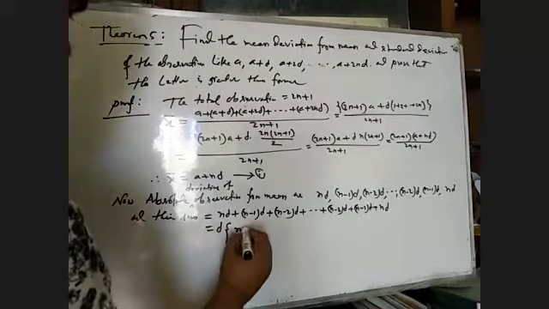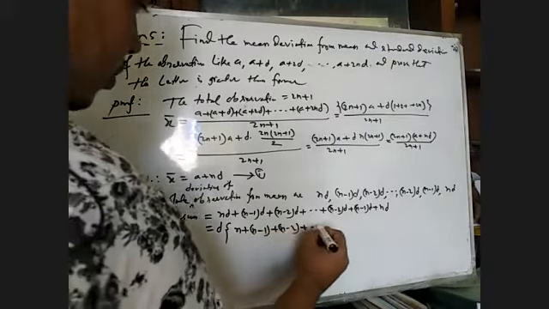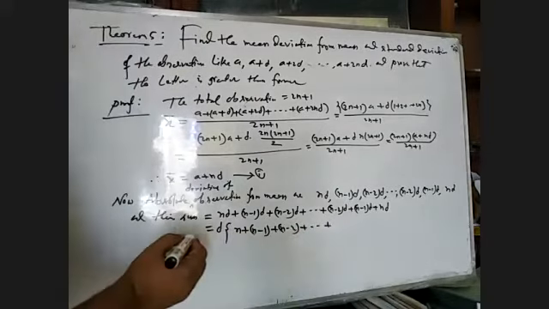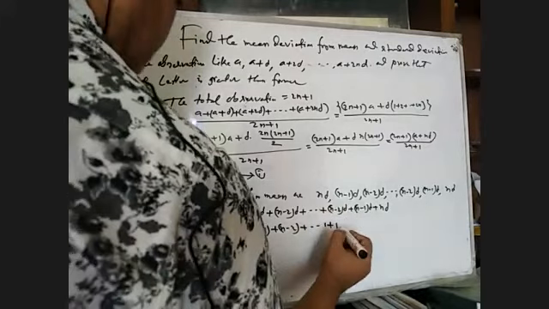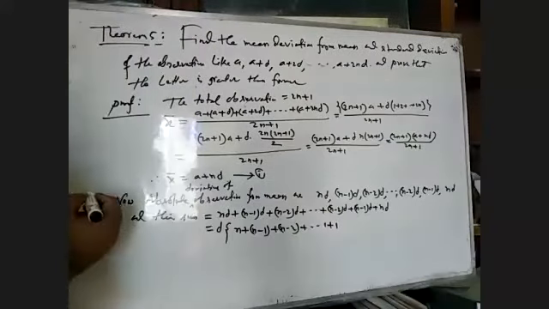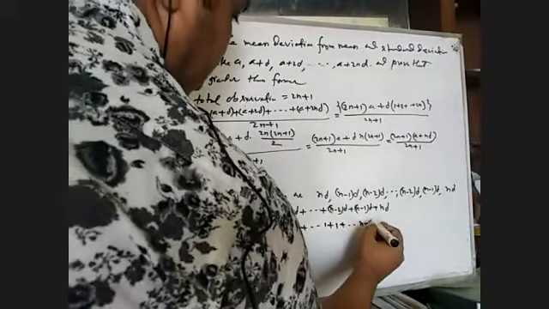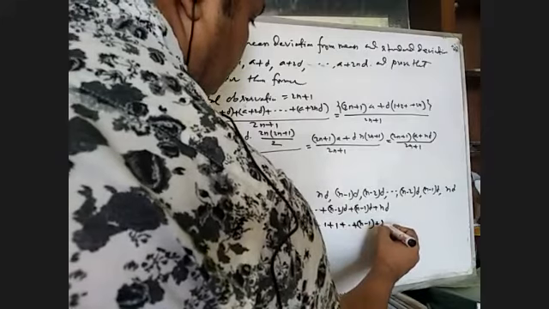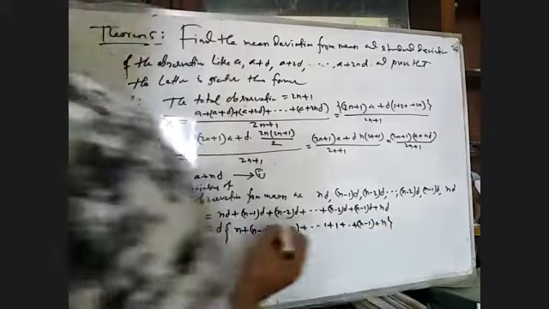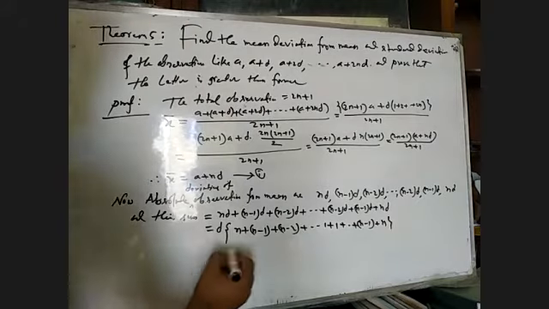n into n minus 1, n minus 2 plus dot dot plus 1 plus dot dot n minus 1, n. So how many n here?